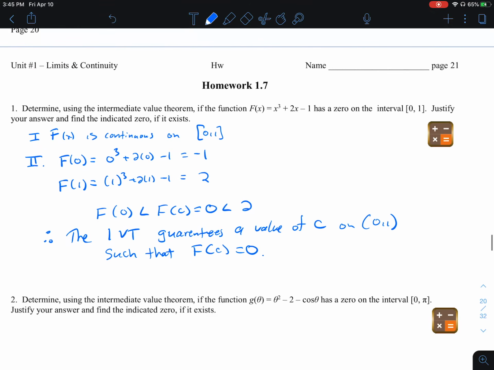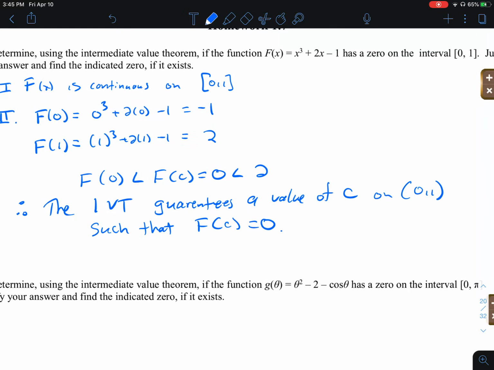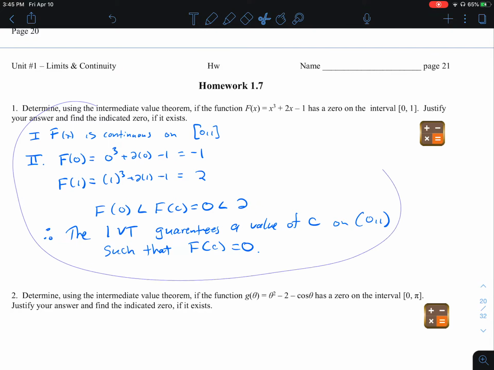So what we got to do to figure that out is we have to take this and set it equal to 0. Wish I would have written a little smaller.